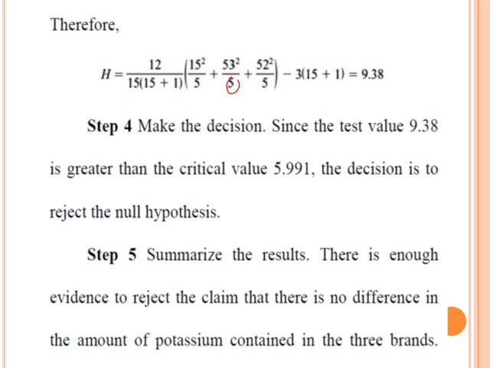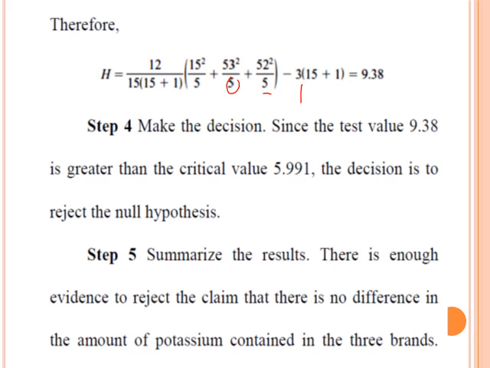Finally, R3 squared, the sum of the ranks for brand 3, equals 52 squared over the sample size for brand C equal to 5. Minus 3, which is the number of groups, or K.